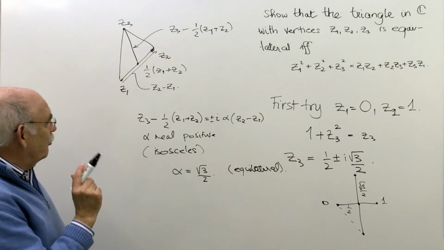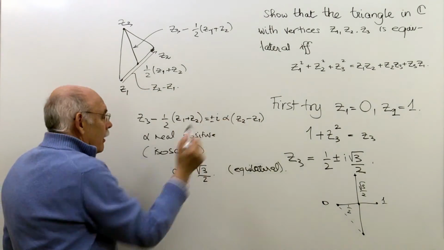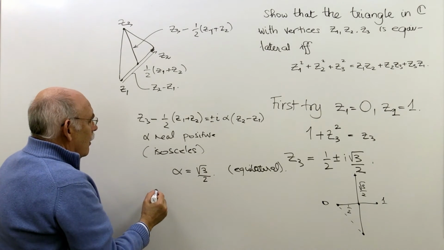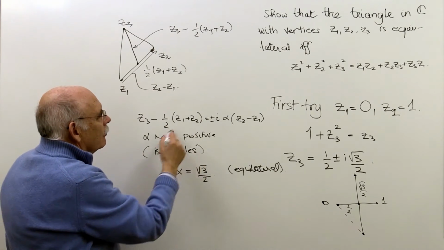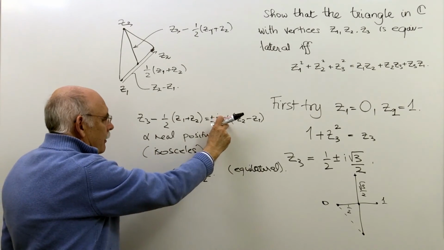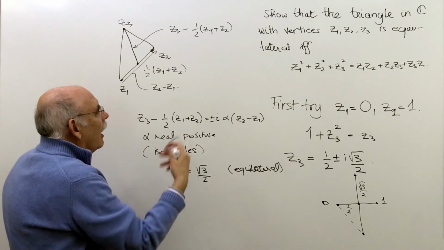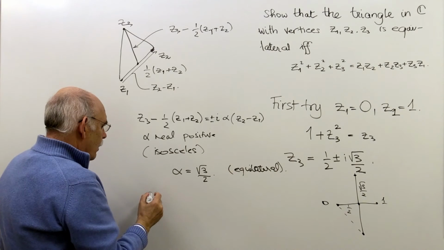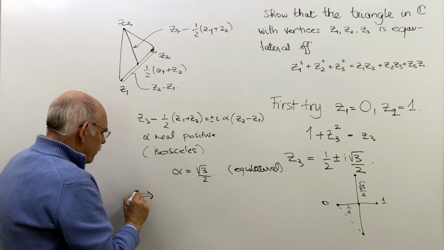Now, that being said, I can rewrite this. Let's first of all multiply through by 2, because there's a 2 there and there's a 2 in the alpha, and square to get rid of the plus or minus i.